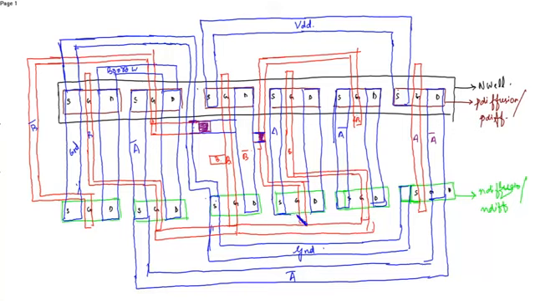So A, if this is A, then it has to be connected with this poly, and this is A bar, means this has to be connected to this metal. So this A bar can be connected like this because it shouldn't overlap. It can overlap a poly layer, but it shouldn't overlap a metal layer.